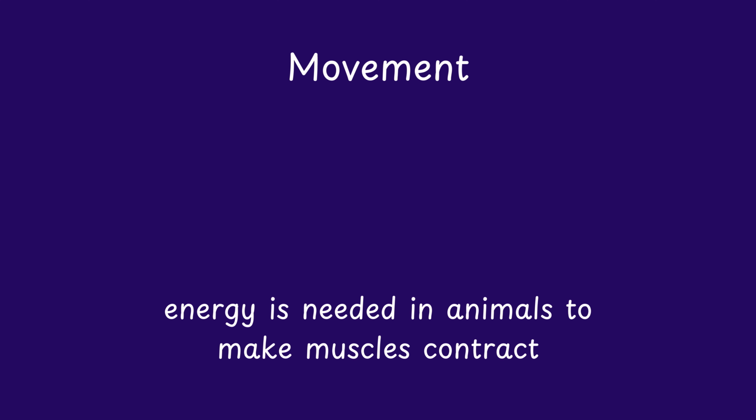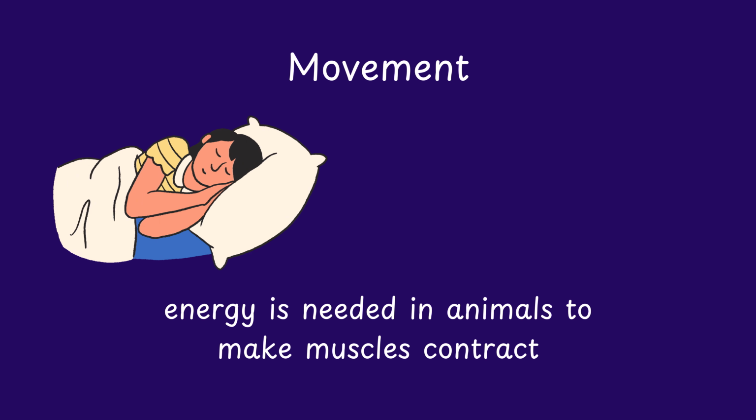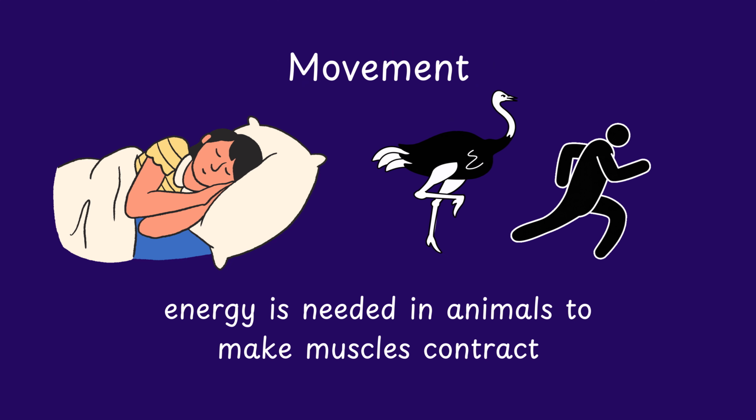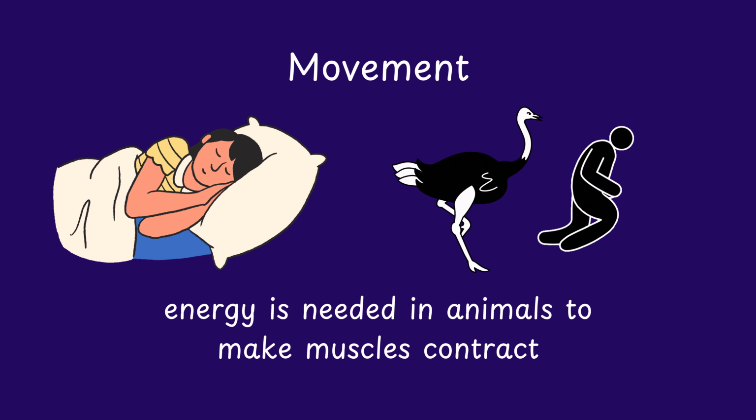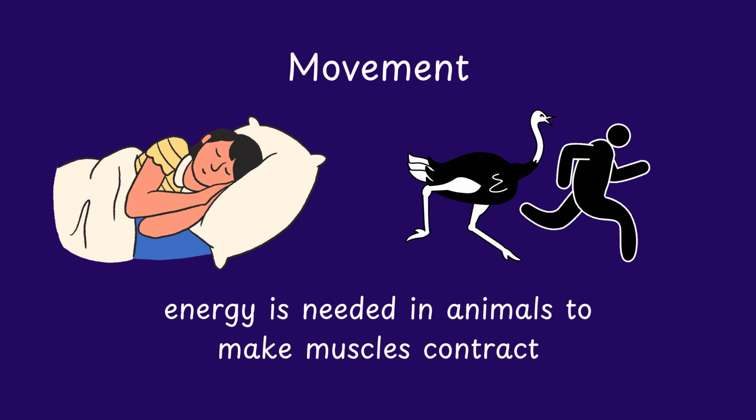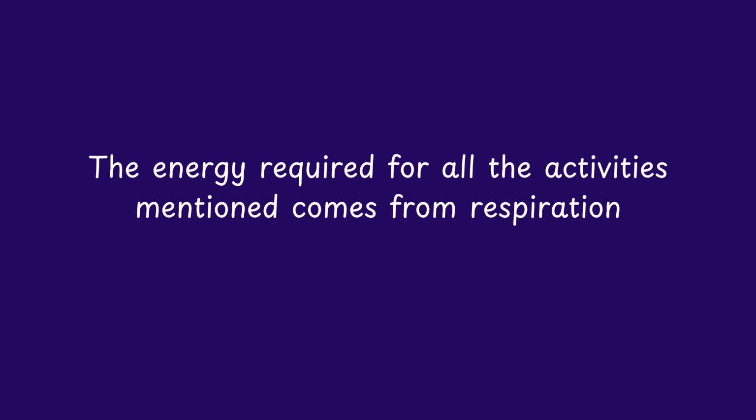Energy is needed in animals to make muscles contract, and when muscles contract, movement occurs. So whether the person is sleeping or they're moving very, very quickly, energy is needed for the contraction of their muscles. The energy required for all the activities mentioned comes from respiration.